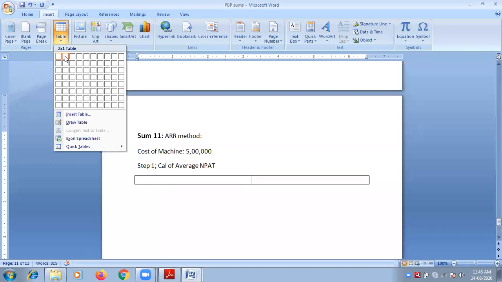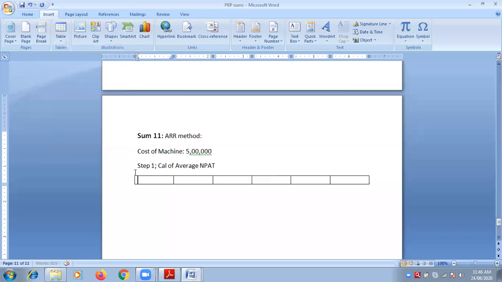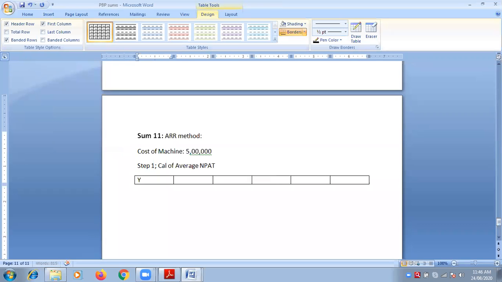Then we will deduct depreciation and get net profit before tax. We will deduct tax and get net profit after tax. So how many columns in all? Can you count them out? 6 columns. Very good.